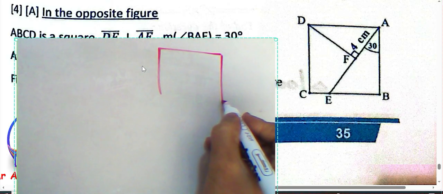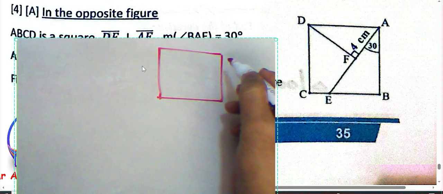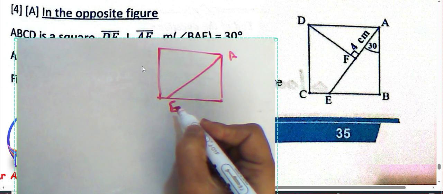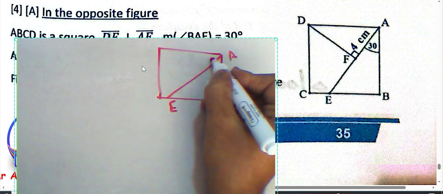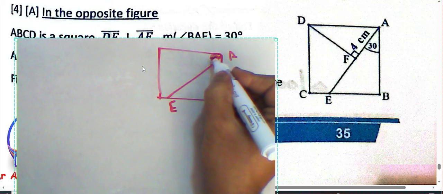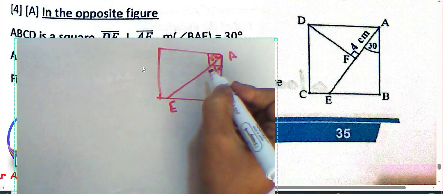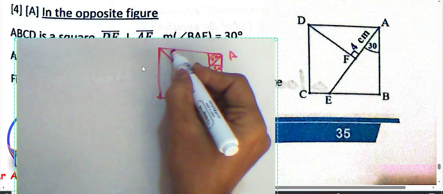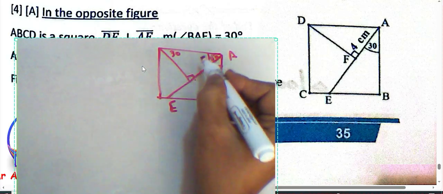This square, like this, and we draw a line segment. This angle 30, so this will be 60 because it is a right angle triangle. This is right, okay, 30 and 60. And for this perpendicular, this 60, it will be 30. This line segment will be half of the hypotenuse.